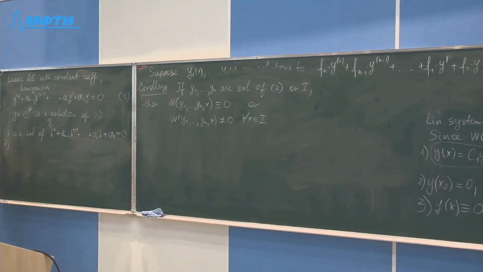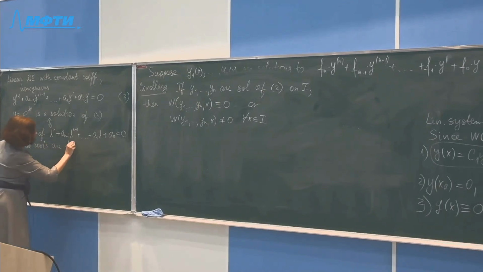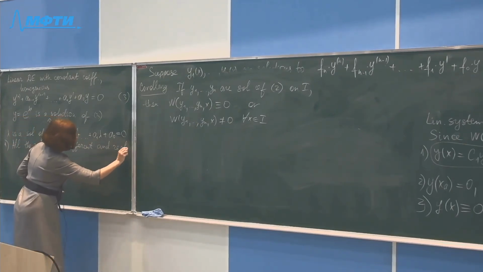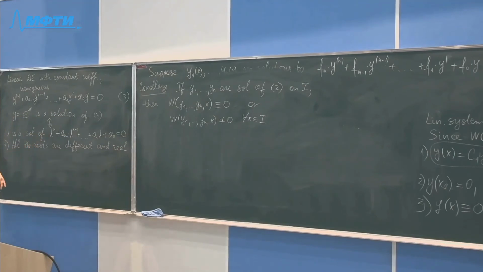We have considered the first case when all the roots are different and real. So suppose this polynomial has only simple roots and all these roots are real. So we have n real roots.